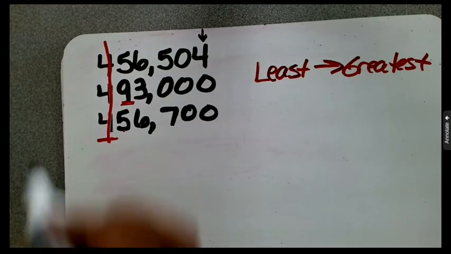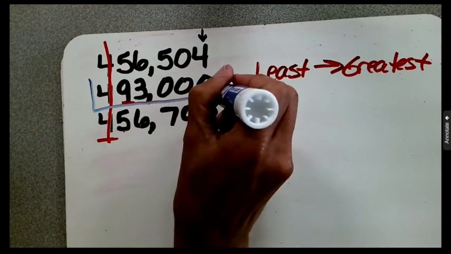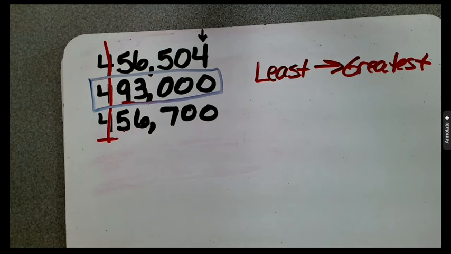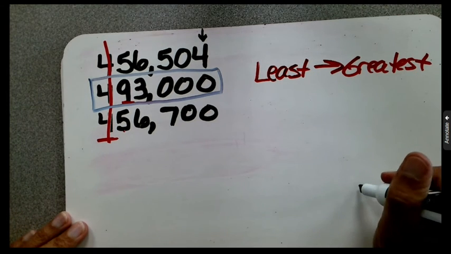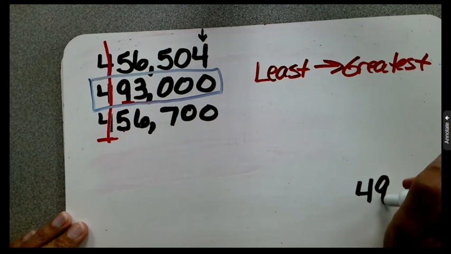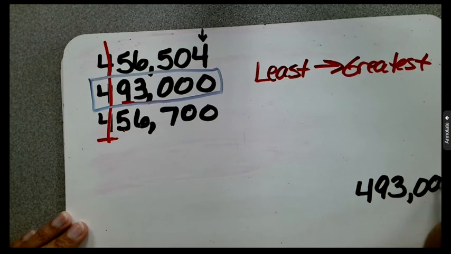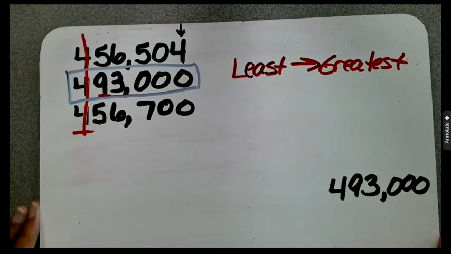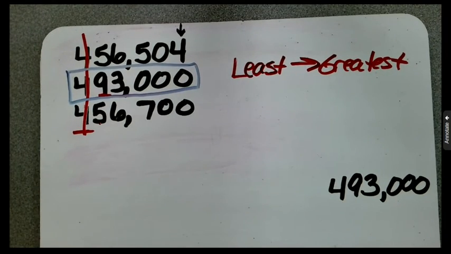So we know that 493,000 is going to be our largest number. It's going to go at the end. It's our largest. Okay? But now we still have two numbers left, and we have to figure out which is which.